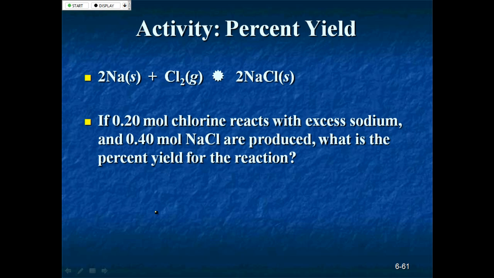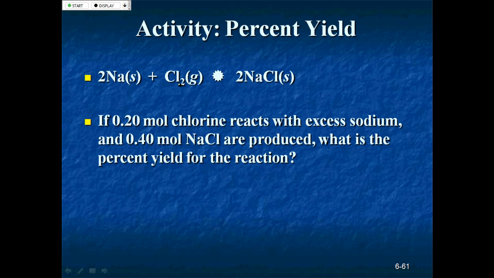So this is the amount of sodium chloride you made in the lab. Okay, so what does this number represent? Actual or theoretical? This represents the actual yield. So you have to calculate the theoretical yield, because for percent yield you need both numbers, correct? So how do we calculate the theoretical yield?